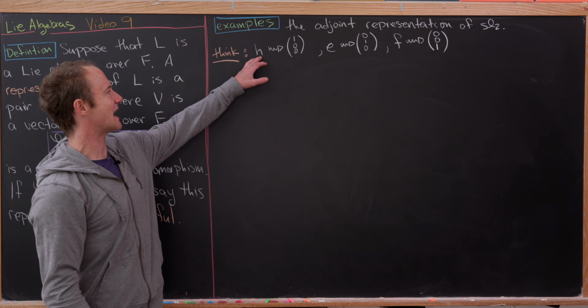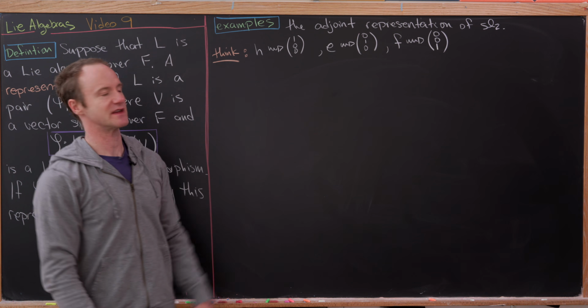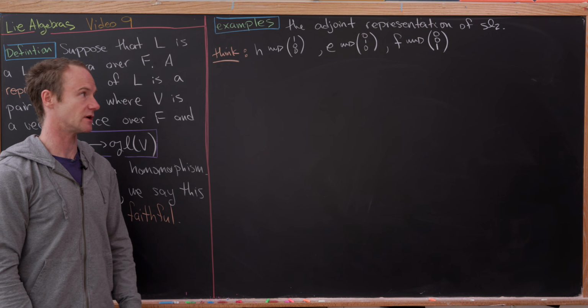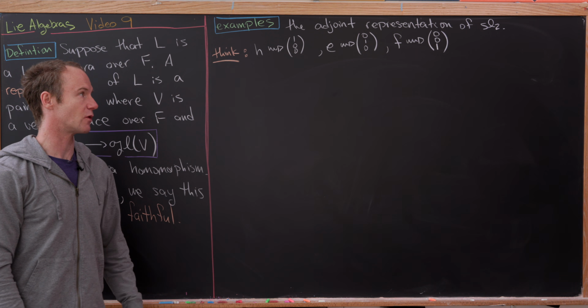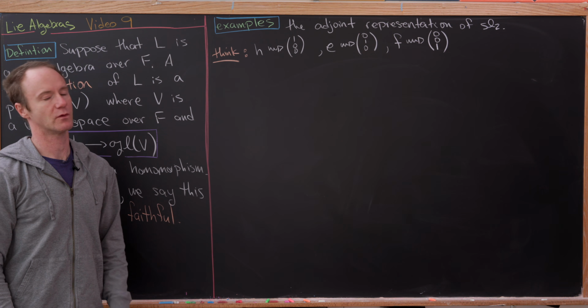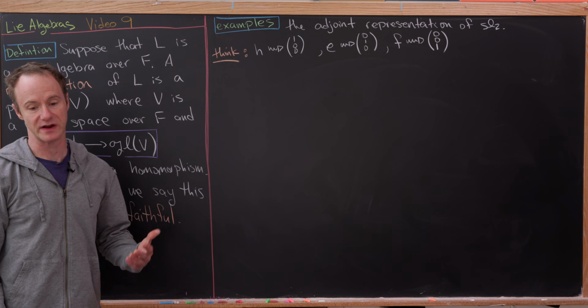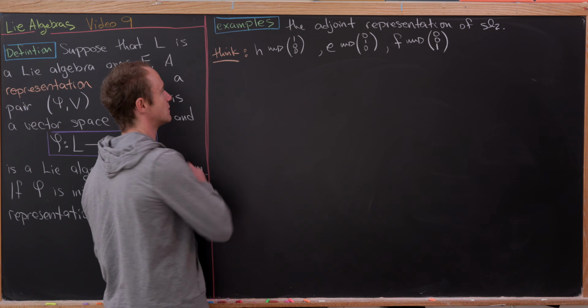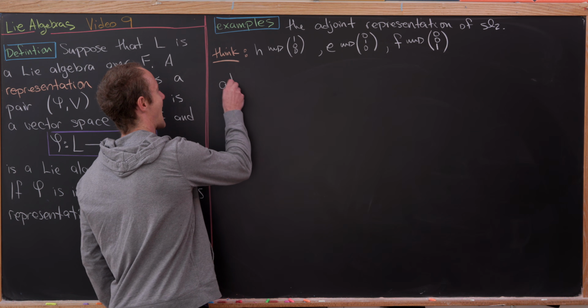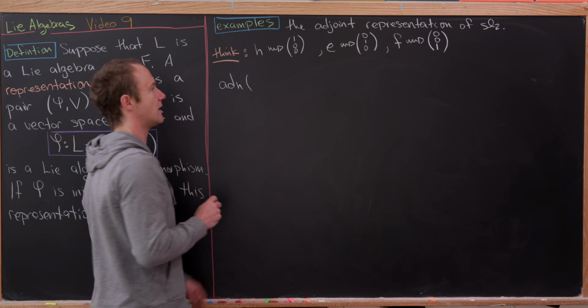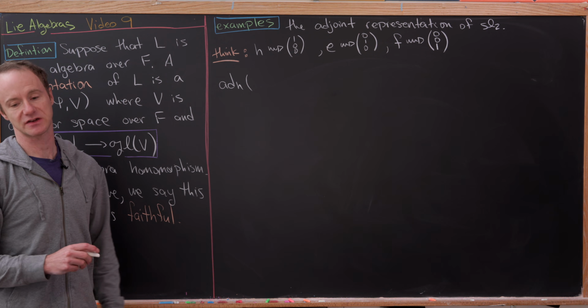So let's think that H is represented by the column vector (1, 0, 0), E is (0, 1, 0), and F is (0, 0, 1). That's because sl2 is three-dimensional.